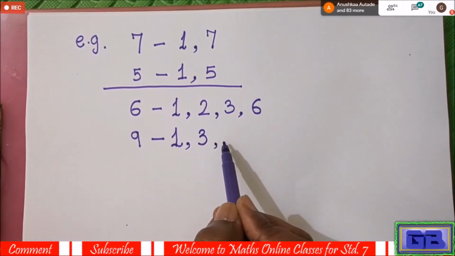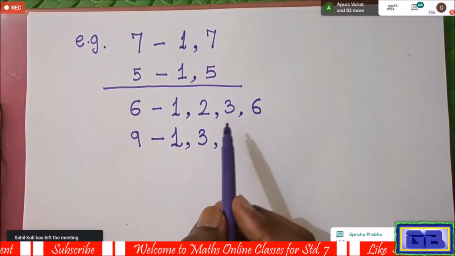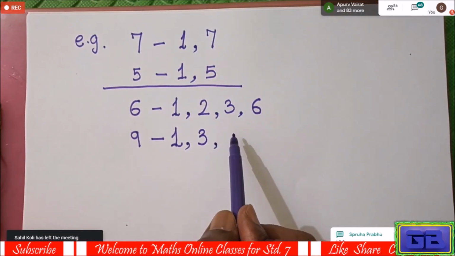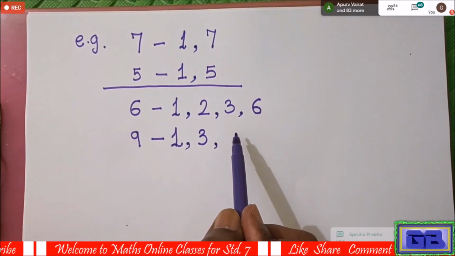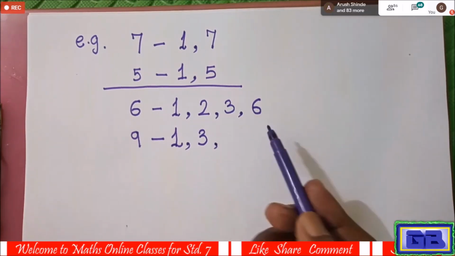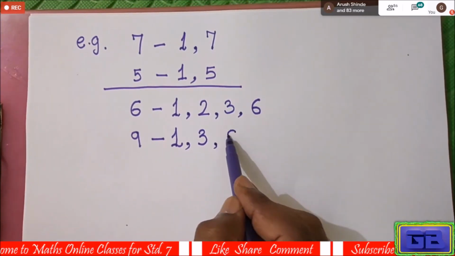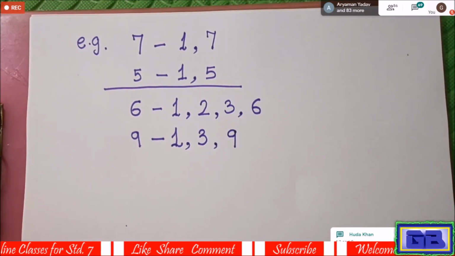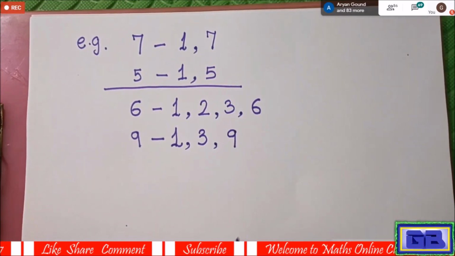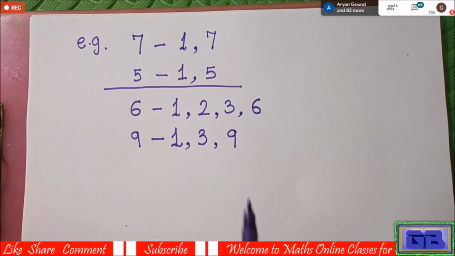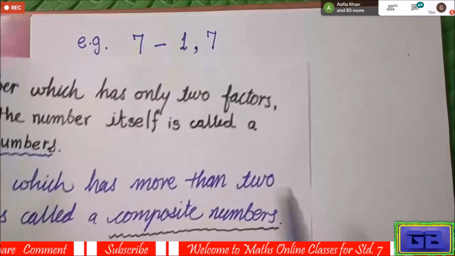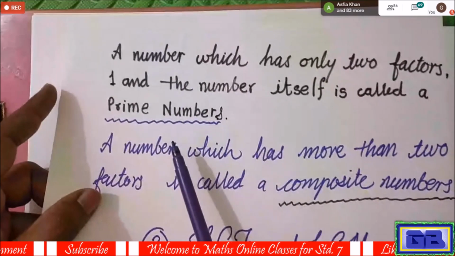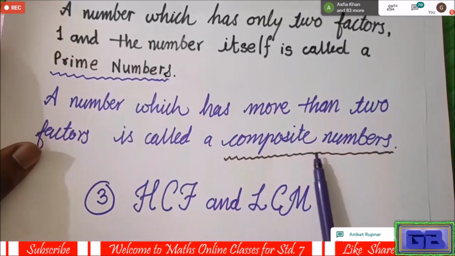Does it come in the table of 4, 5, 6, 7 or 8? No. Directly 9. Did you understand these two concepts of prime numbers and composite numbers?